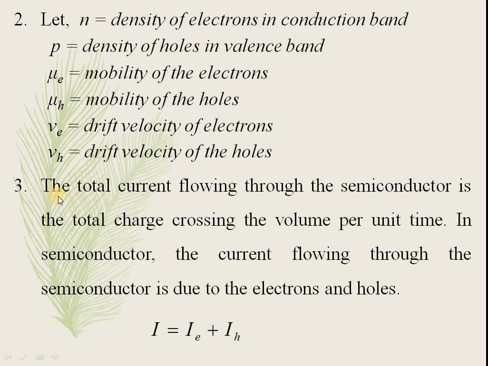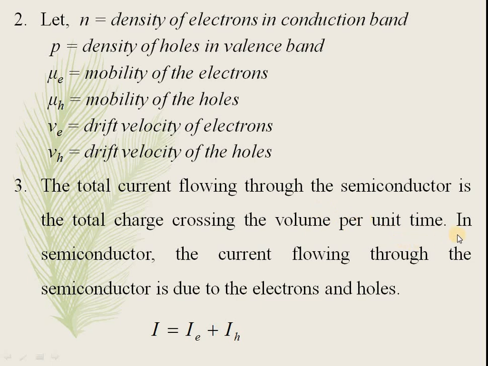Now, as we know, the total current flowing through the semiconductor is the total charge crossing the volume per unit time. The total charges crossing the given volume of the semiconductor per unit time is nothing but the total current flowing through the semiconductor.